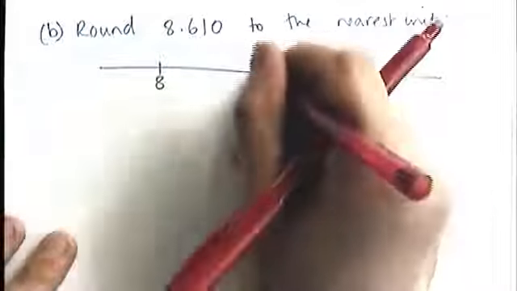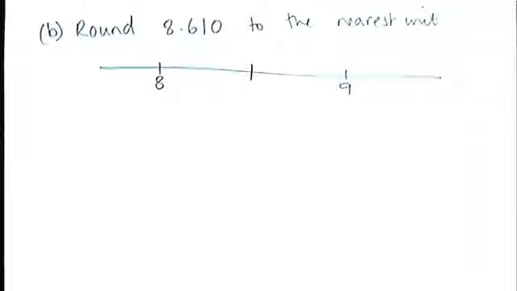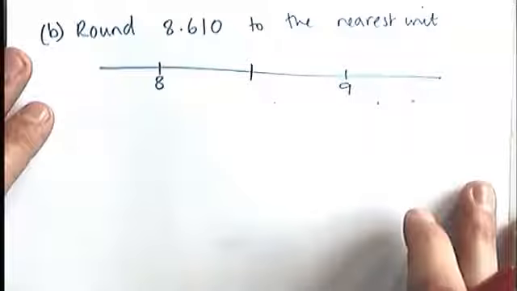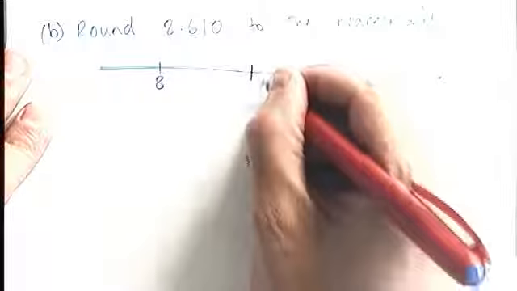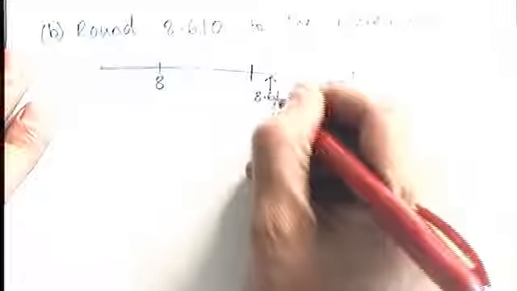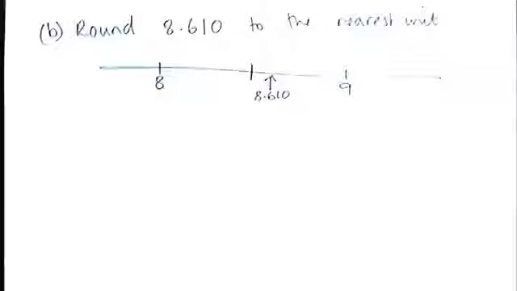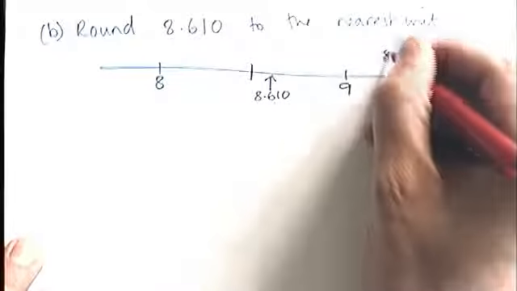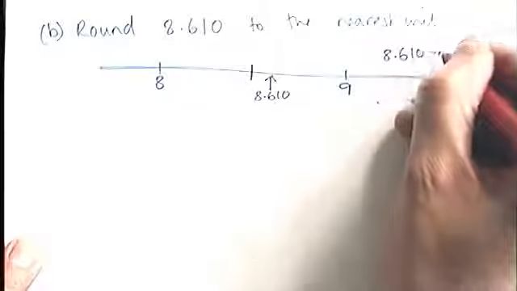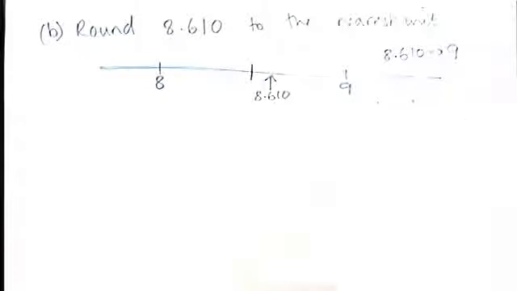Okay, 8.5 is about in there, and we want 8.610, which is about there, a little bit bigger than 8.5, and therefore it's going to be closer to 9. So if I was rounding 8.610 to the nearest unit, the nearest whole number, it would make 9.